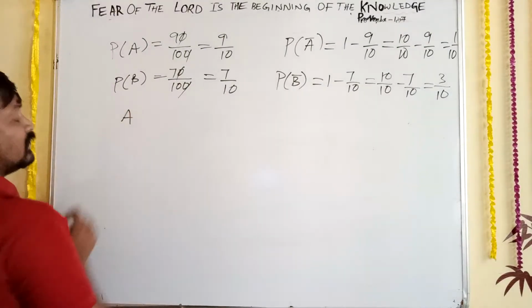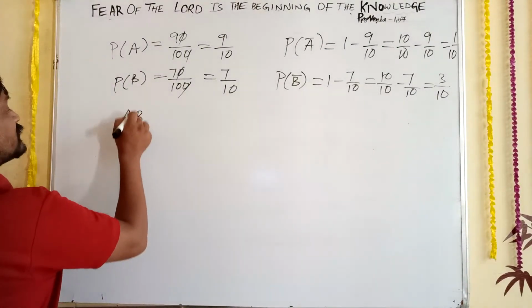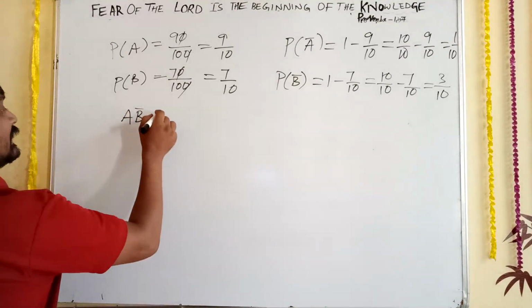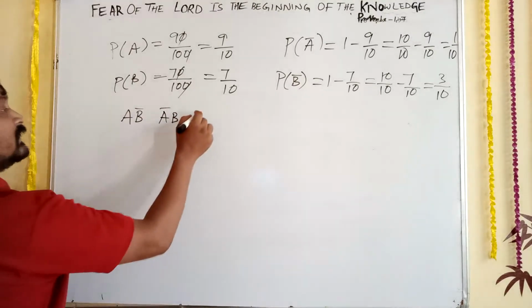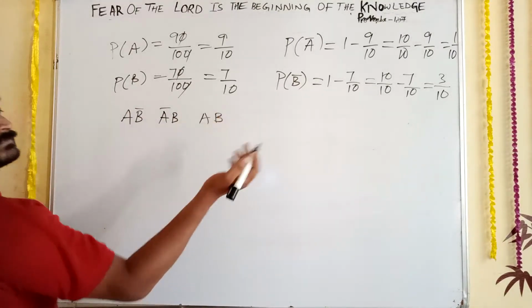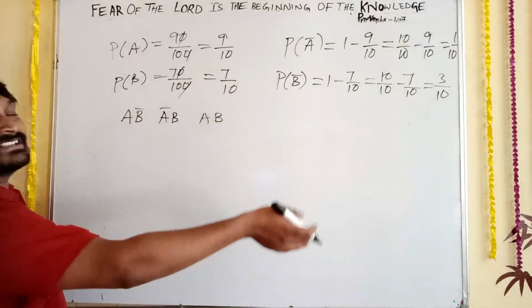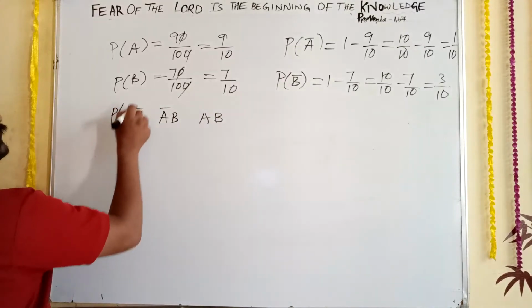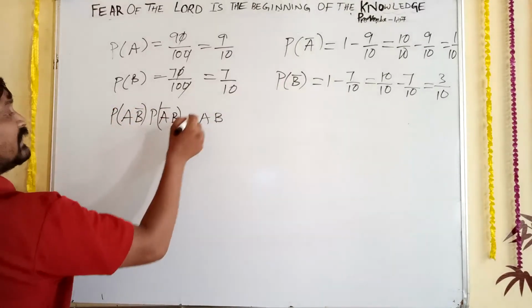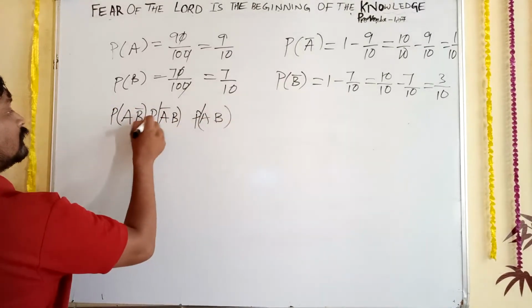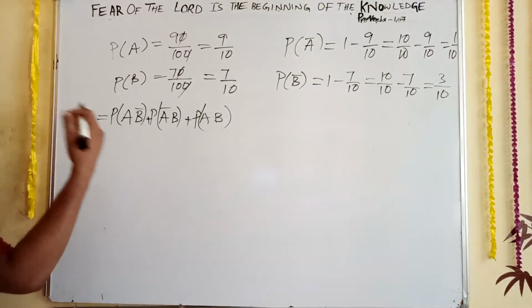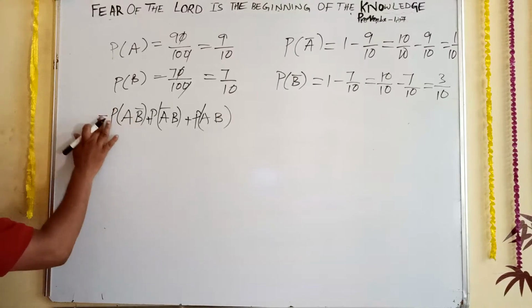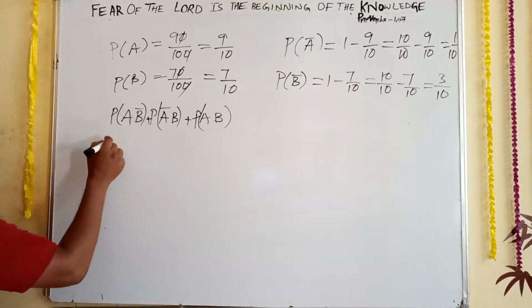A can solve and B cannot solve; A cannot solve and B can solve; A and B both can solve. Both cannot solve, that we don't want. When you add these probabilities, at least any one student can solve.